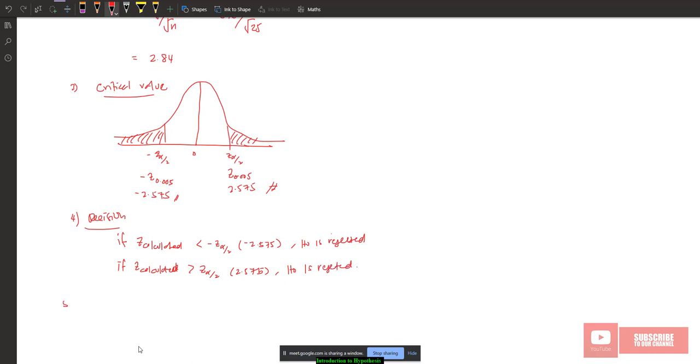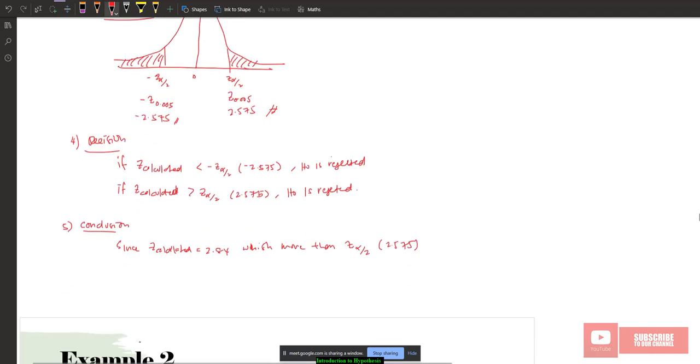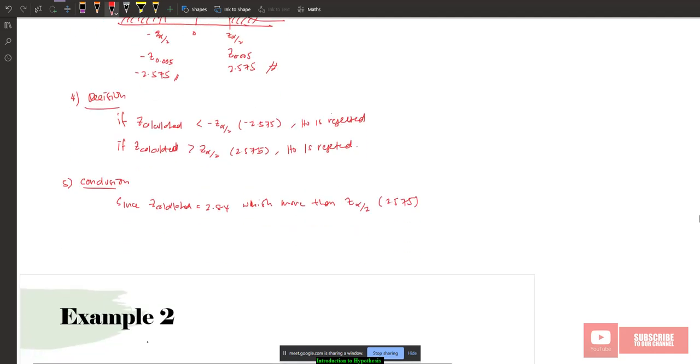Right? So number 5, our conclusion. Since z calculated is equal to 2.84, which is more than z alpha divided by 2, which is 2.575, we're going to reject; H null is rejected.